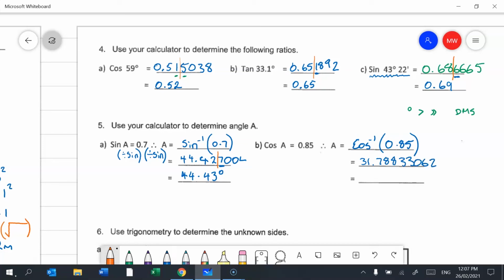We're going to round that one to 2 decimal places, so we'll have 31.7, and it will become a 9 because this is 5 or greater, and we're going to remember to put in our units, which are degrees.